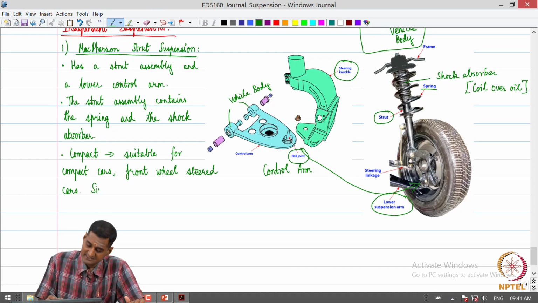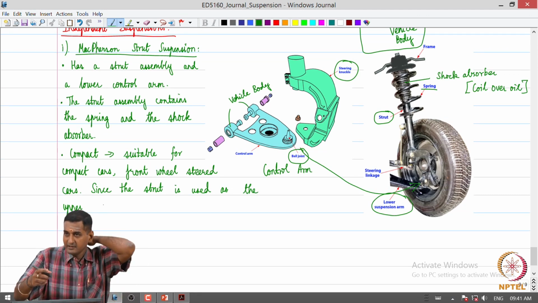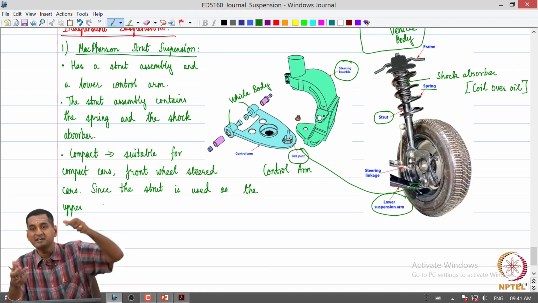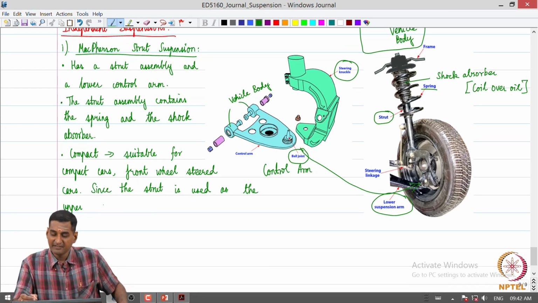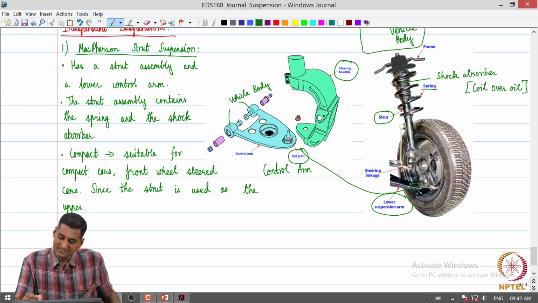And since the strut is used as the upper suspension link, we can see that there is a control arm which is a lower suspension link, because we have the steering knuckle, which supports this wheel assembly. So, the strut is connected close to the top, and then the lower control arm is connected to the bottom.